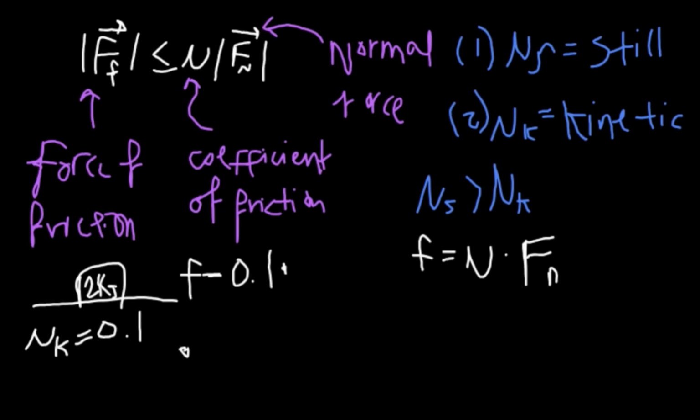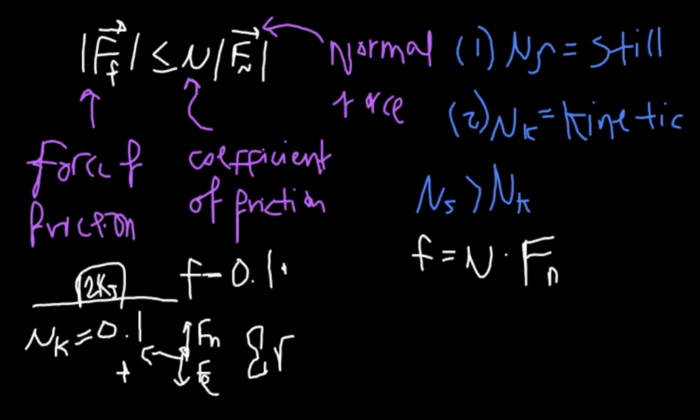So let's draw a free body diagram. Let's say the block is moving to the right, so friction is going to be to the left. Contact with normal force and the force of the Earth. Alright, so to find the normal force, we need to sum the forces in the y direction, and there is no acceleration in the y direction.